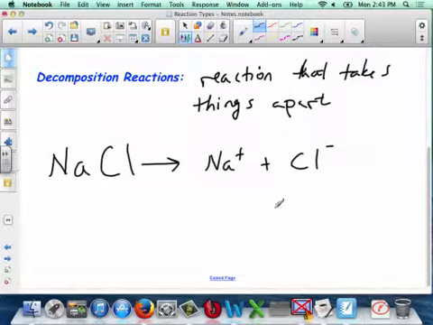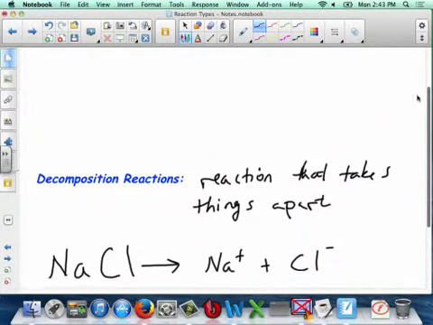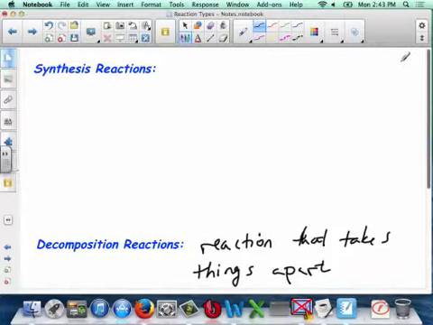The synthesis reaction is the exact opposite of that. So if the synthesis is the complete opposite of decomposition, what do you think is happening in a synthesis reaction? Putting things back together. Yep.